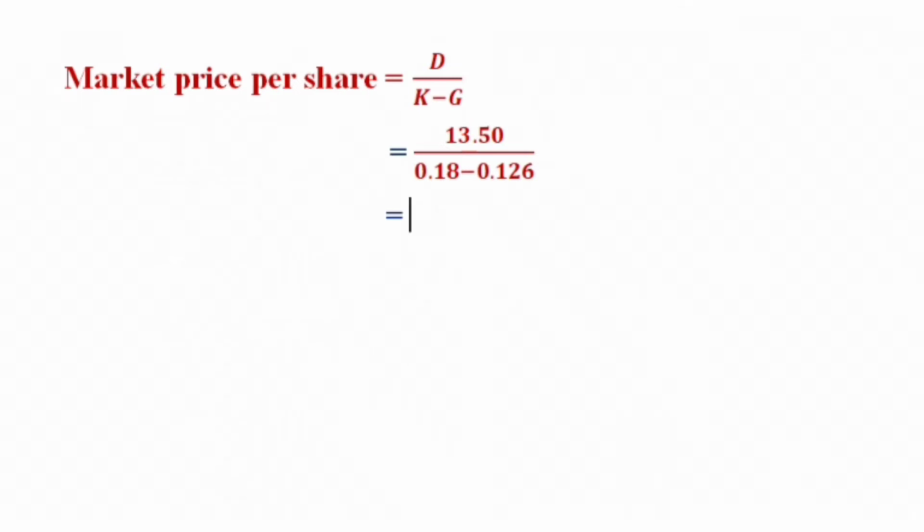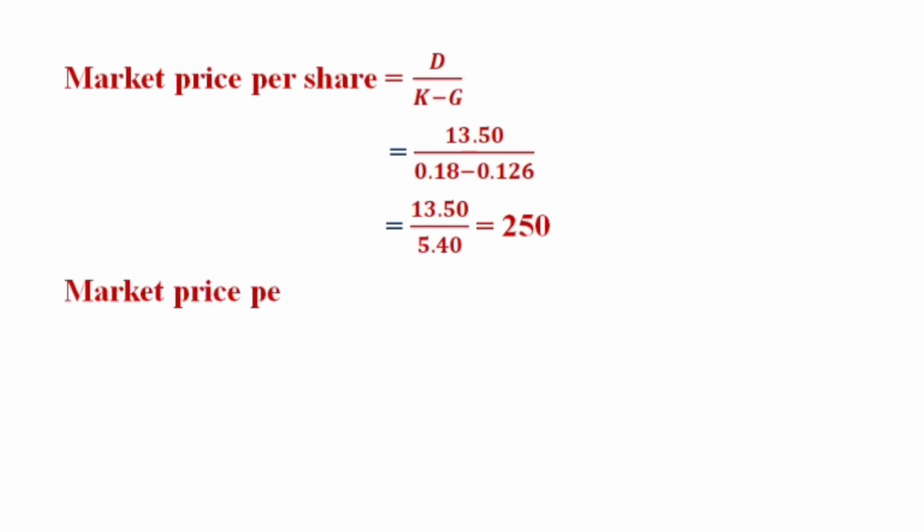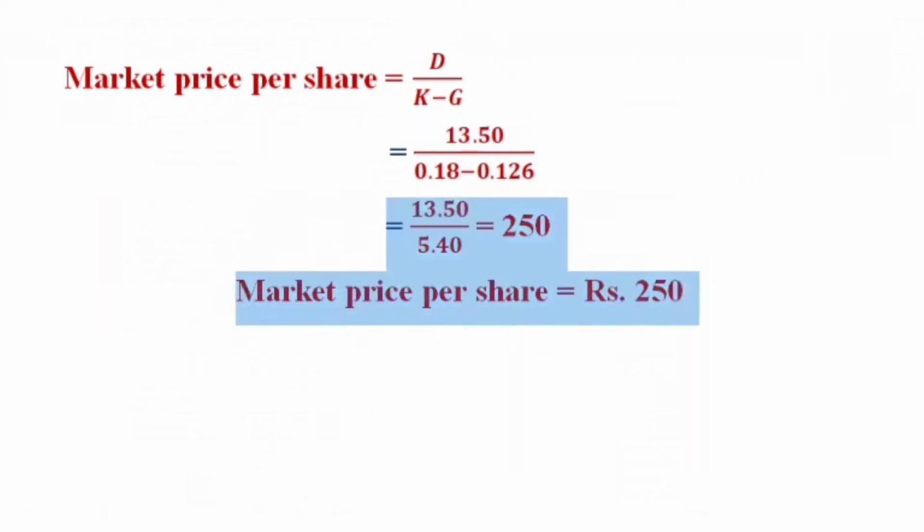So you simplify it: 13 rupees 50 paise divided by 0.054, we get 250. Therefore the market price will be 250. So now we have found the market price for the payout ratio of 30%.